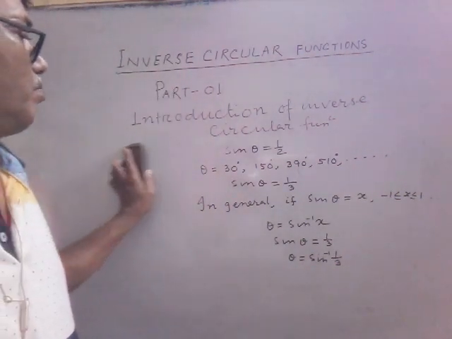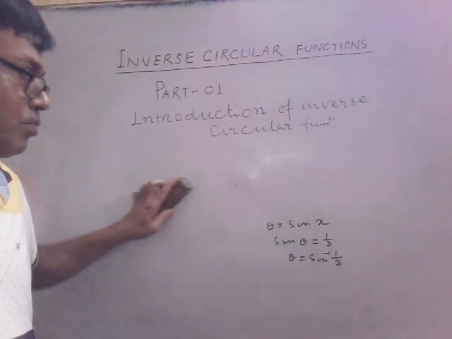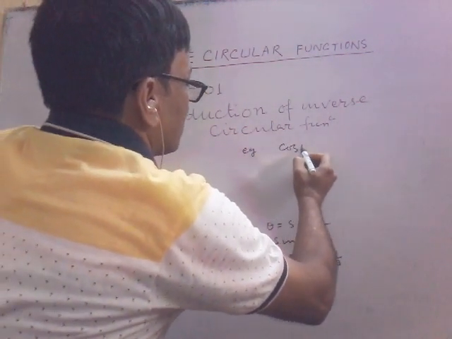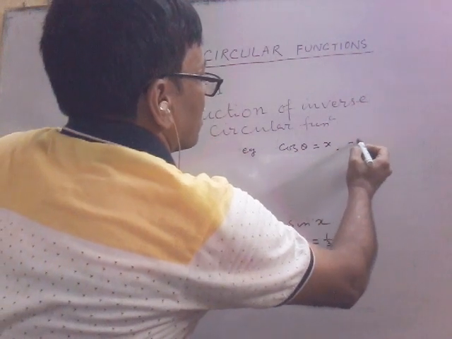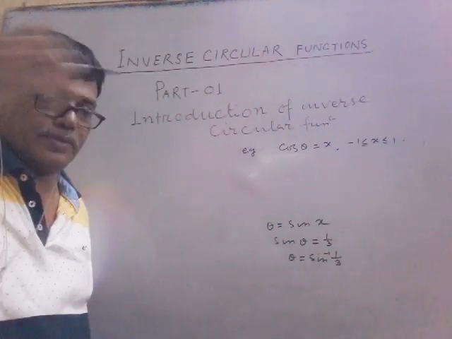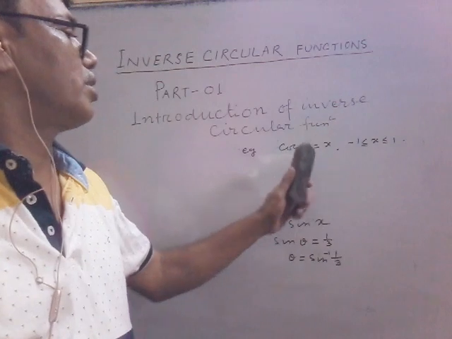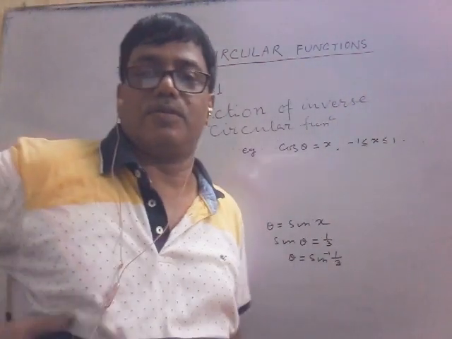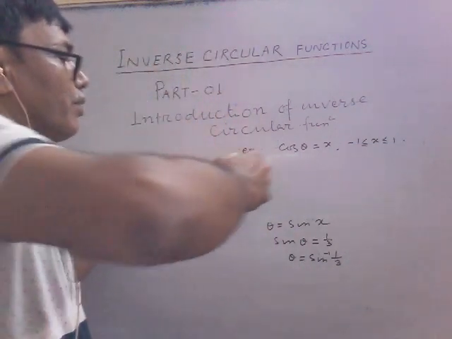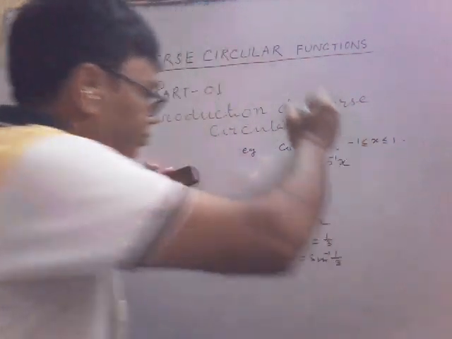Similar definition for other trigonometric functions. For example, if cos theta equals x, -1 less than x less than 1. This restriction is most important because if x is greater than 1, then you know cos theta is not defined. Then theta equals cos inverse x.